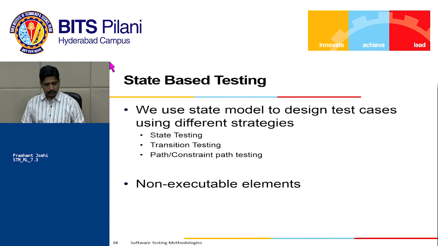So, three things what we did as a part of state-based testing. We also need to consider that there may be non-executable elements. In a particular sequence, certain things become non-executable in a particular state. Like when we have got stack to be full, a further push is not possible. And of course, when the stack is full, you cannot bring it to empty just by one operation.